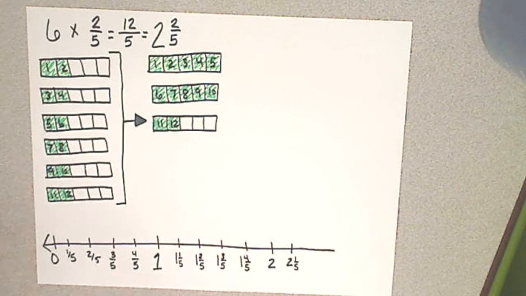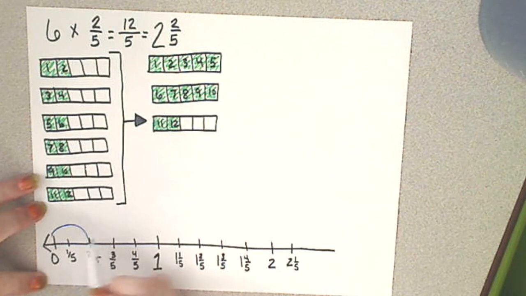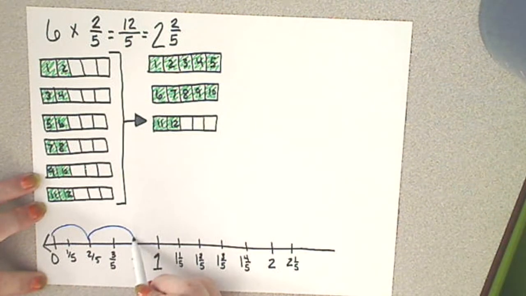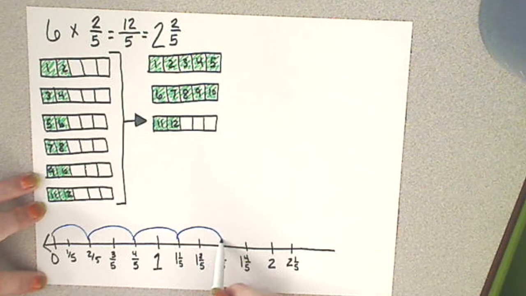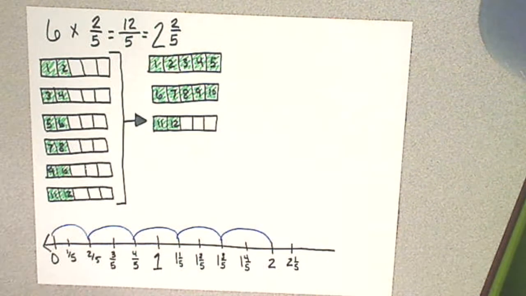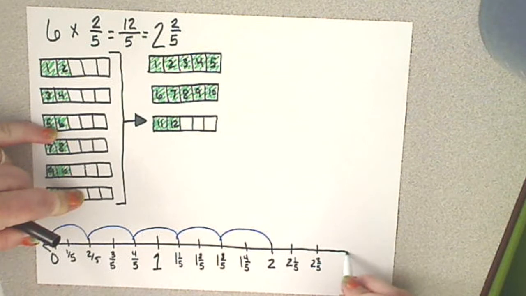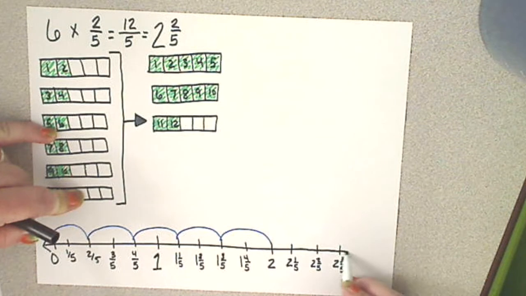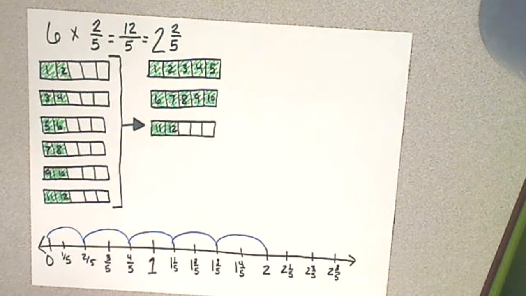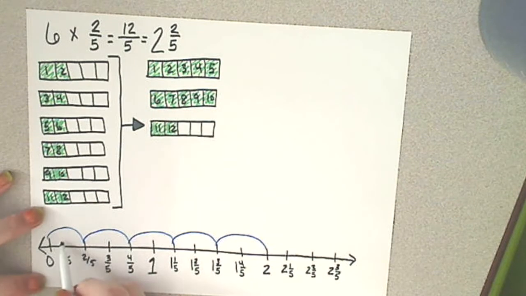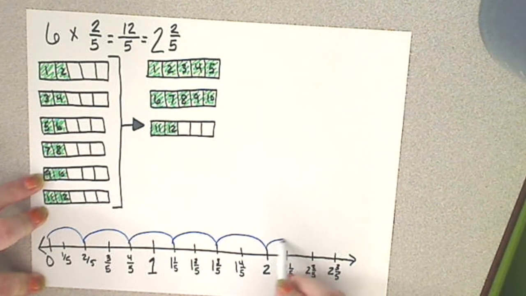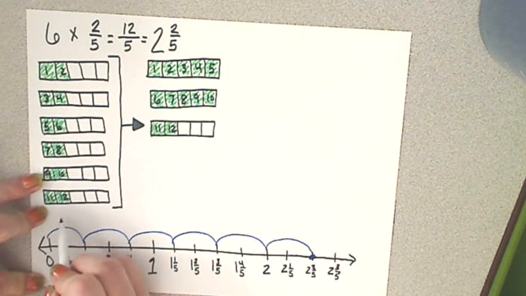Let's see if I have enough. I need to make 2/5 6 times. So there's 1, 2, 3, 4, 5. Don't quite have enough. Need to keep going. 2 and 2/5, 2 and 3/5. And that should be enough. So 1, 2, 3, 4, 5, and 6.